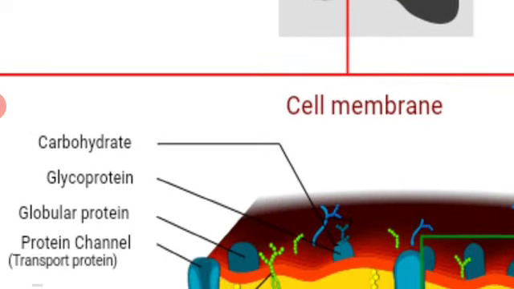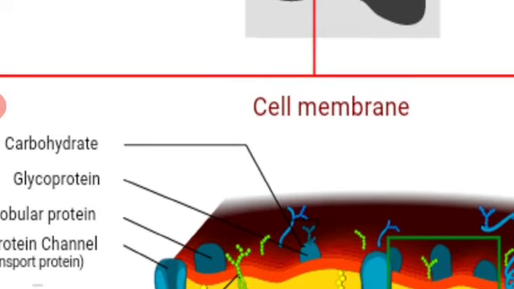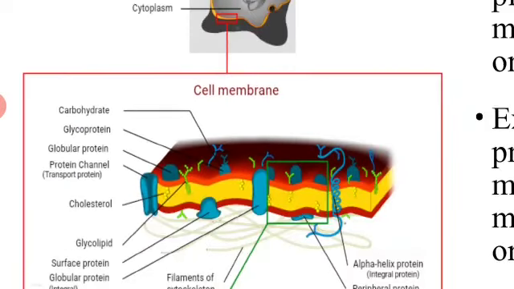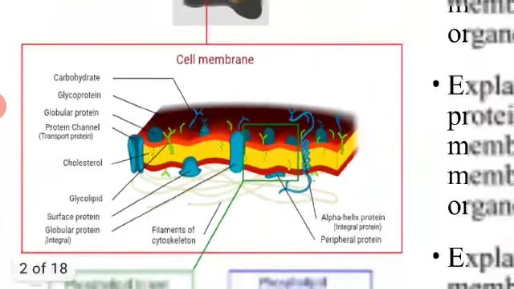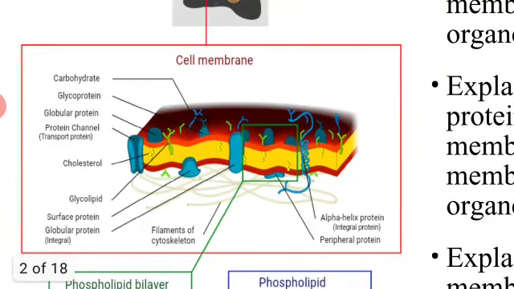Looking closely at the cell membrane, we see the component parts. It looks interesting. Using the light microscope, we cannot see that detail. But using the electron microscope, we are able to see more detail. Why?